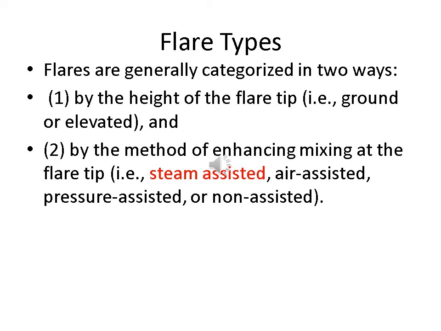At the same time, the products of combustion can be dispersed above working areas to reduce the effects of noise, heat, smoke, odors, etc. So commonly we adopt the elevated flare type.